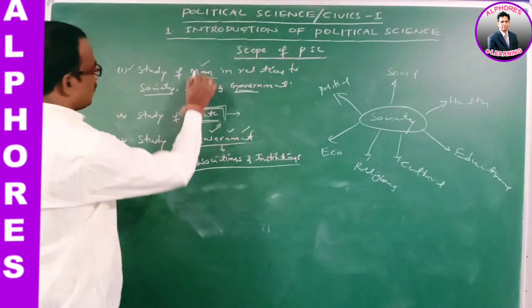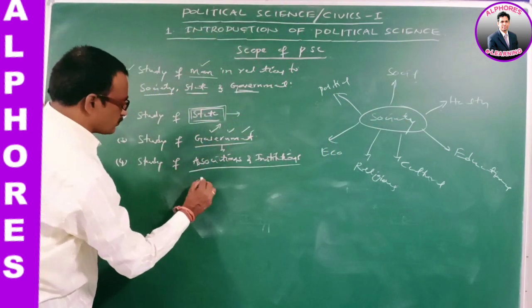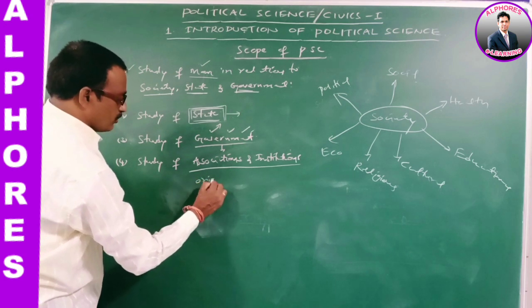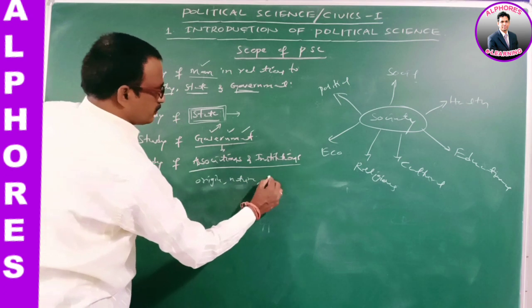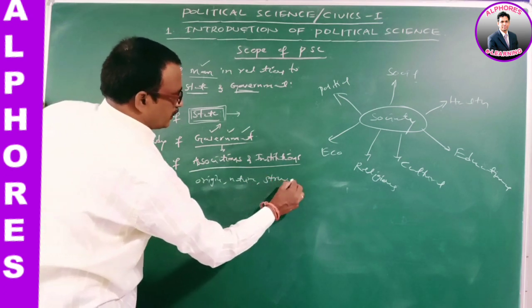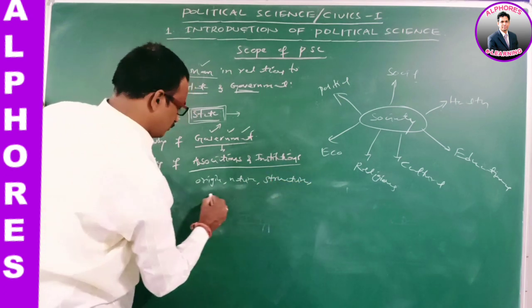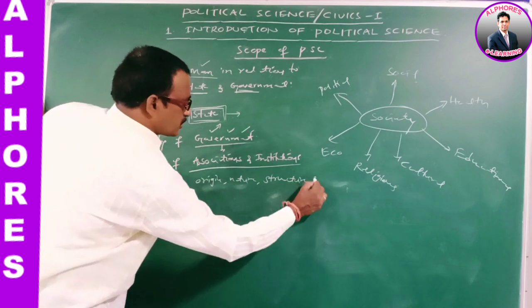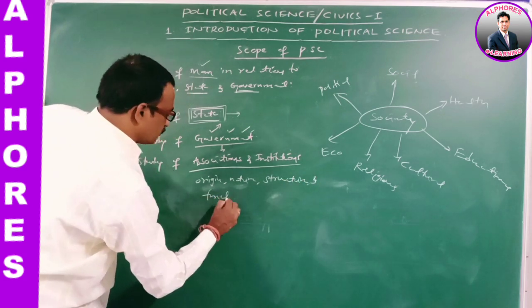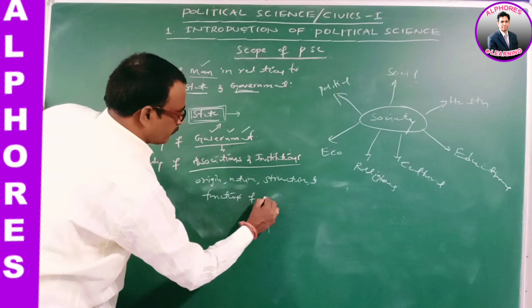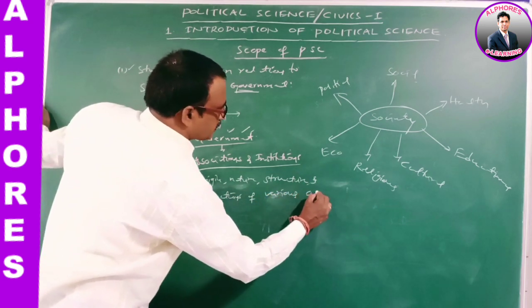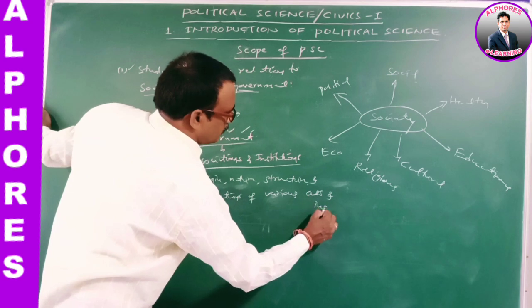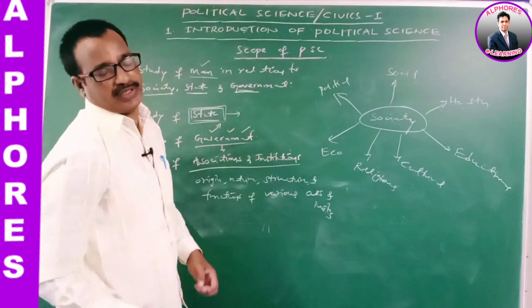Here political science explains the origin, nature, structure and functions of various associations and institutions in the society.